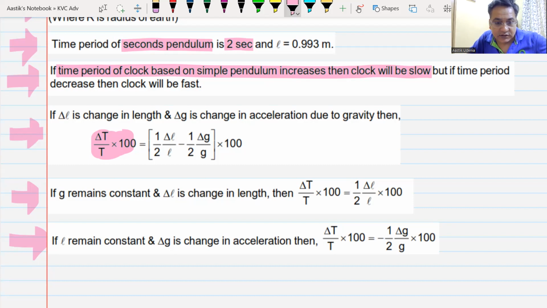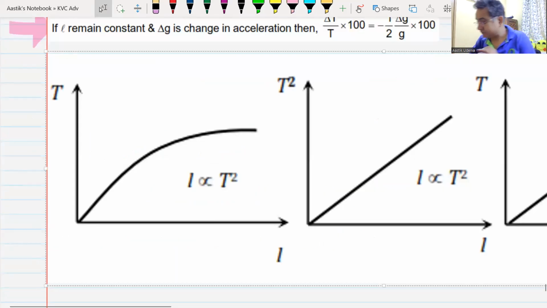As I said, there are so many things in this chapter that are so much exam material. This one, the graph.